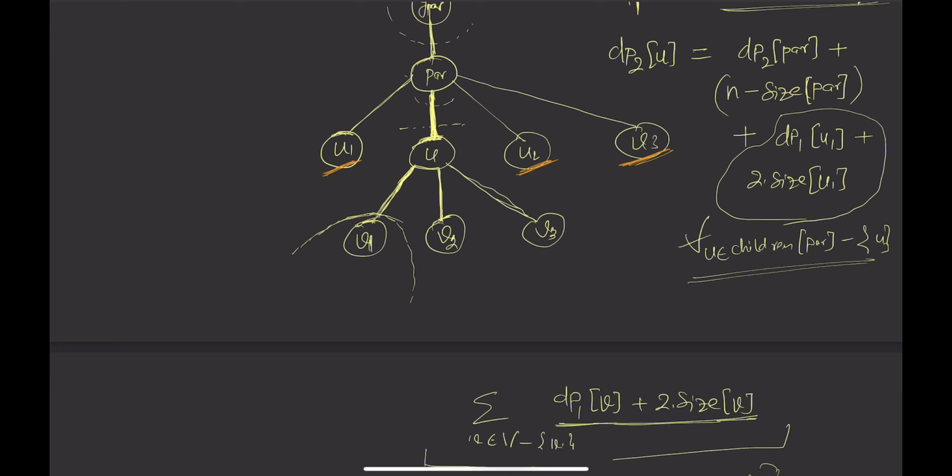So when I go to v, I already know the answer for u, right? Since when I'm coming at 1, I already know the answer of parent, like dp2 of 1, which is 0.